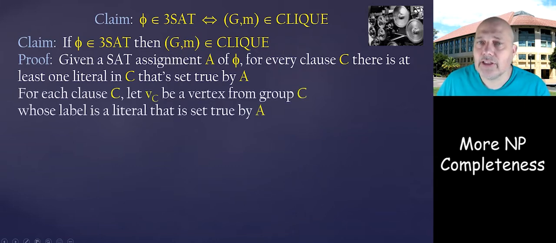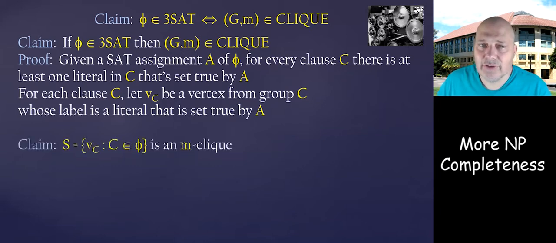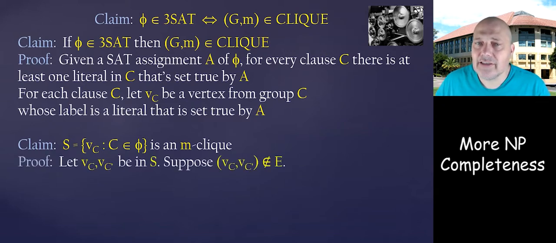And for each clause C, let v_C be the vertex from this group that corresponds to a literal that is true by A. And I want to claim that this collection of vertices is a clique. So the collection of v_C from all these clauses in phi is an m-clique. The idea is that if you have v_C and v_C', from two different clauses, assume that there isn't an edge between them. What does it mean?